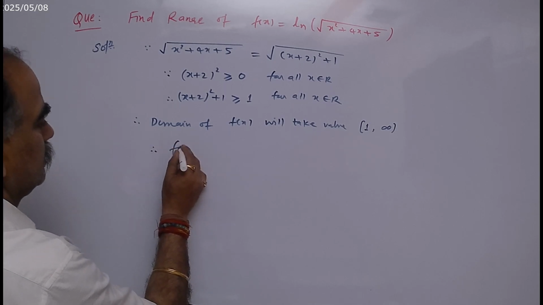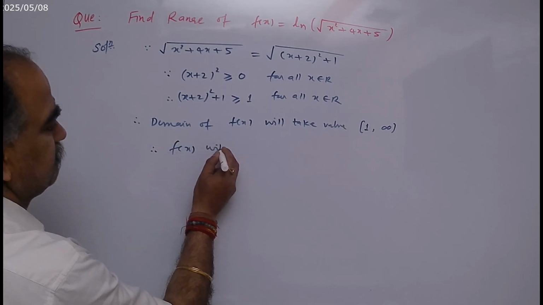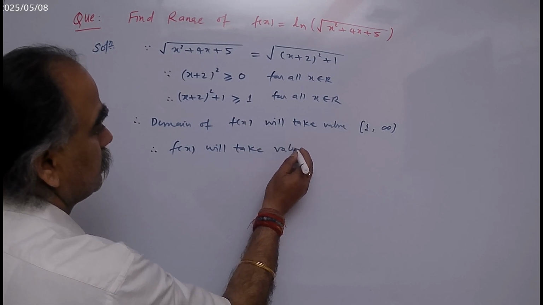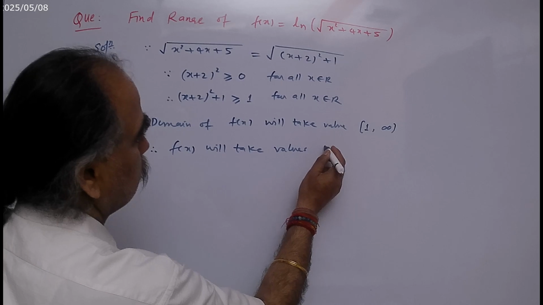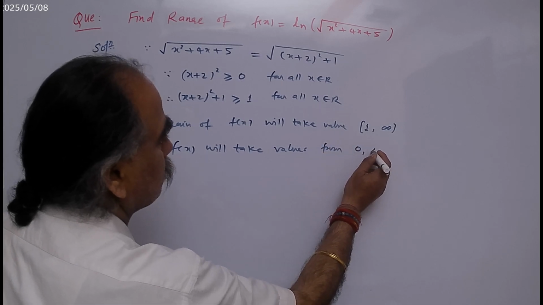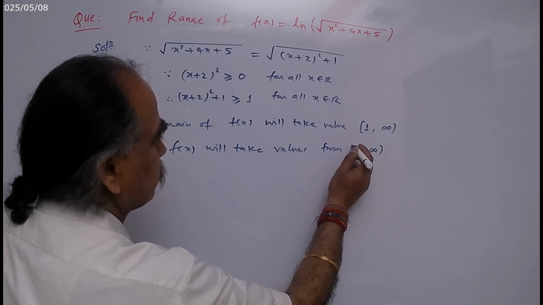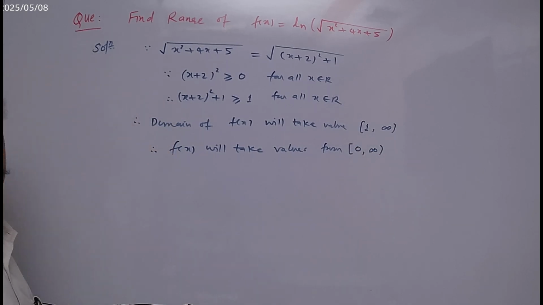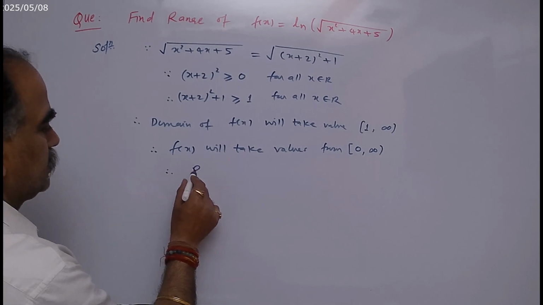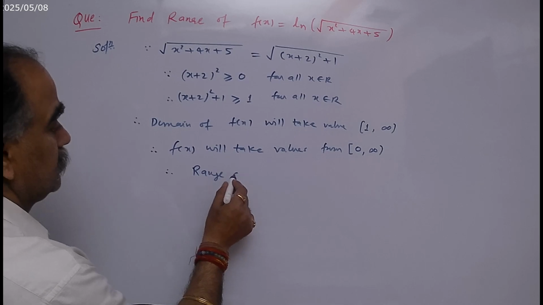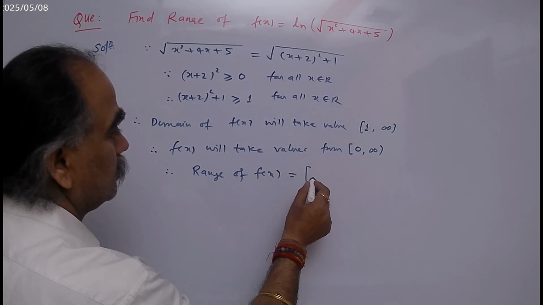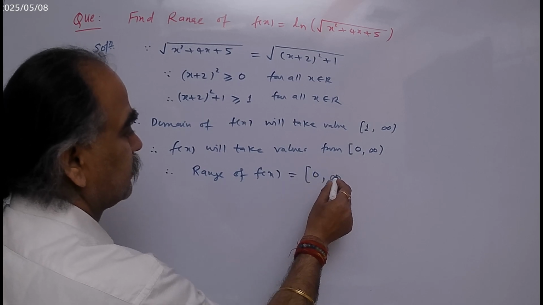Therefore f(x) will take values from 0 to infinity, including 0, because log 1 becomes 0. So range is what? Zero to infinity.